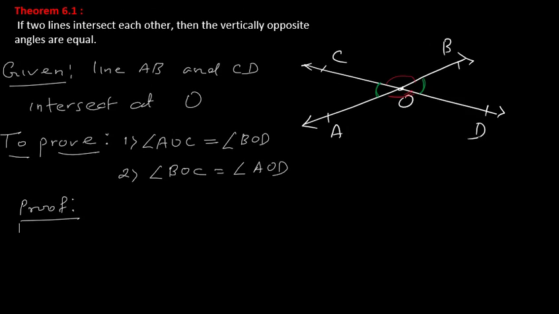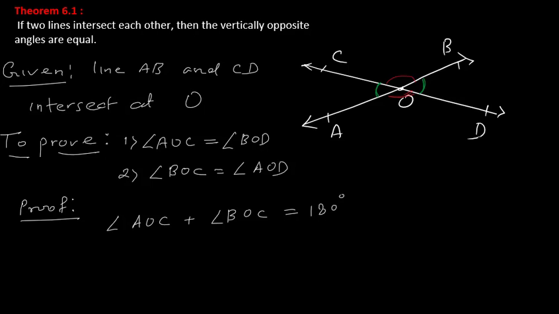Now we know that angle AOC plus angle BOC is equal to 180 degrees. Now this AB is a line, and on this AB we have OC as a ray.